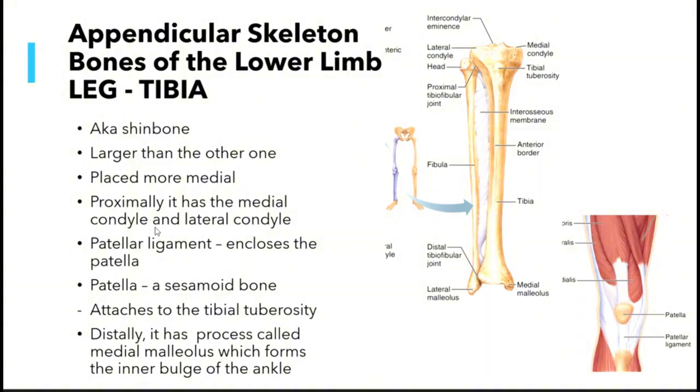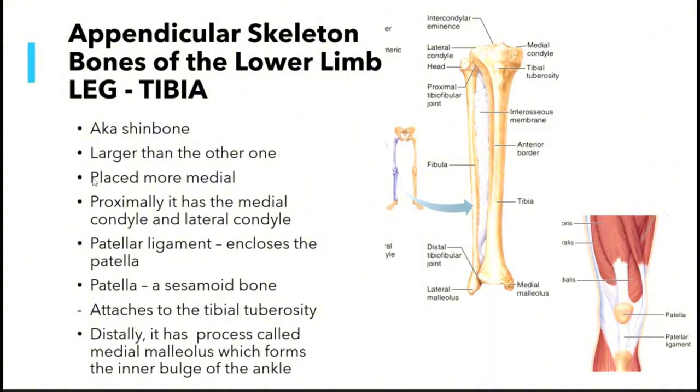They articulate with the distal end of the femur to form the knee joint, which is separated by the intercondylar eminence. This is the intercondylar eminence.